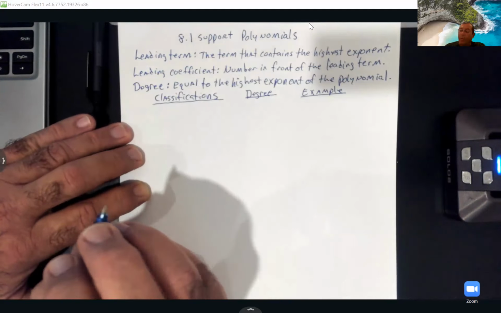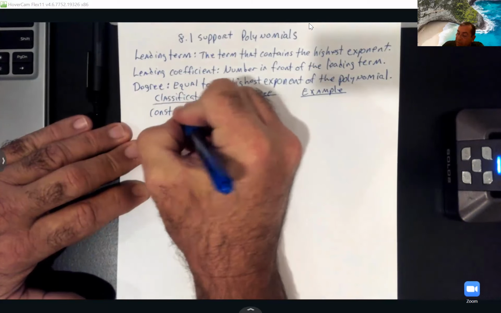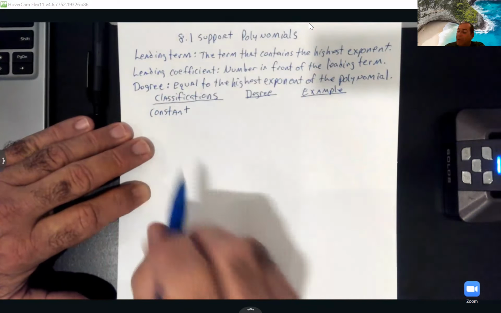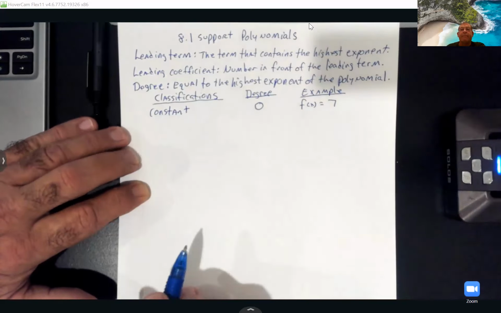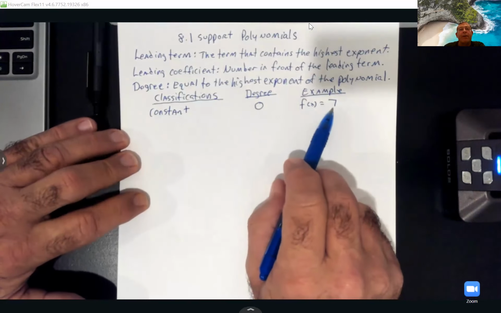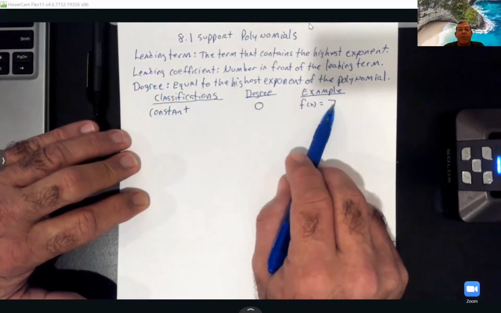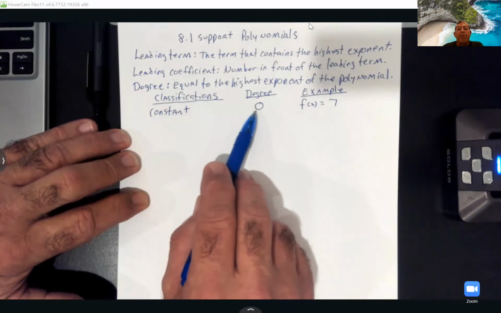So first, we got what we call a constant polynomial. To be a constant polynomial, it'll have a degree 0. An example would be f of x equals 7. So if your polynomial is one term and it's just a number, it'll be what we call a constant polynomial, and it has a degree 0.